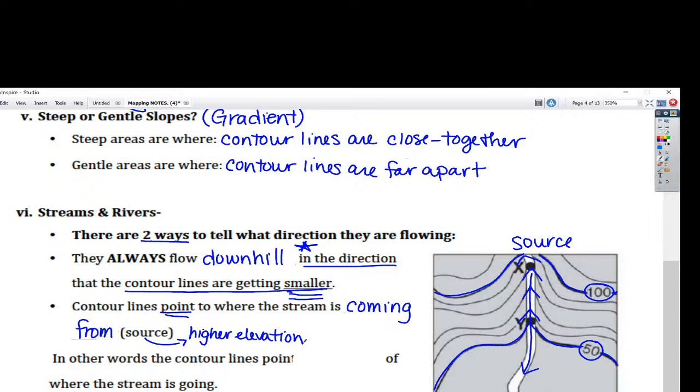So in other words, the contour lines point opposite of where the stream is going. The contour lines in this case are pointing to the north, but the stream itself is heading toward the south. This is definitely a question on your test.